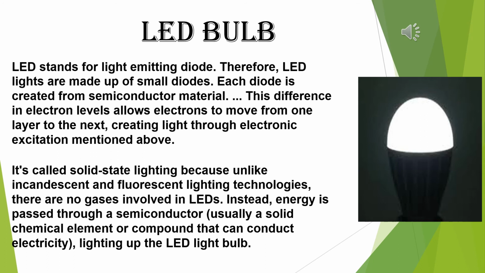It's called solid-state lighting because, unlike incandescent and fluorescent lighting technologies, there are no gases involved in LEDs. This is the advantage of the LED bulb. Instead, energy is passed through a semiconductor, usually a solid chemical element or compound that can conduct electricity, lighting up the LED light bulb. See the diagram, you will understand this is called an LED bulb.